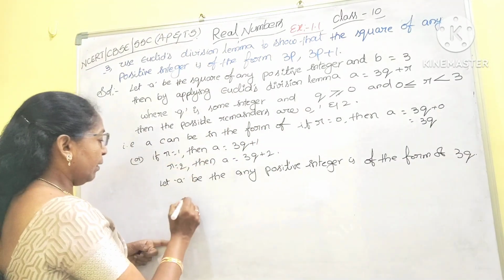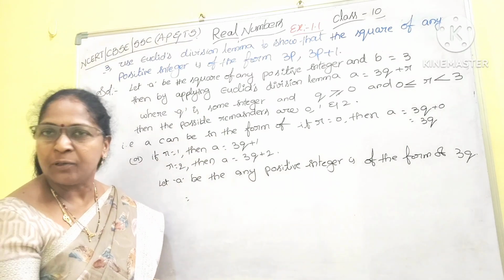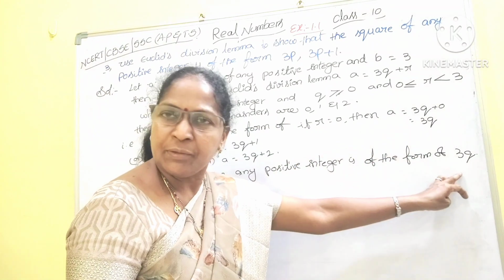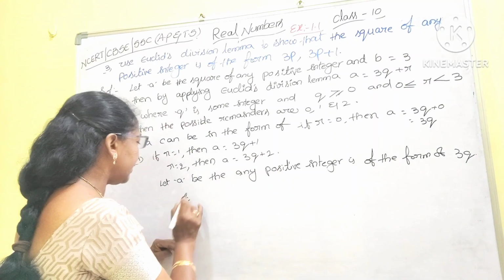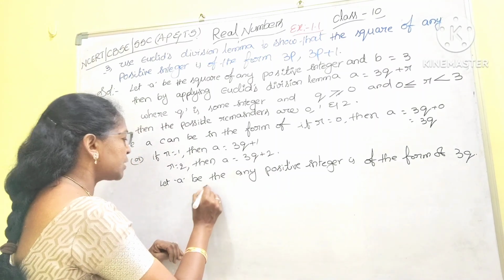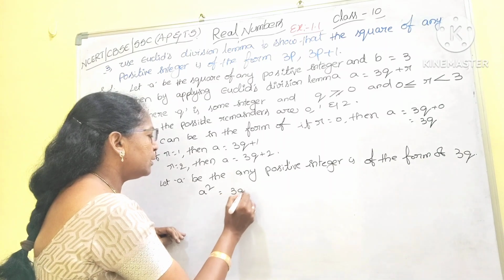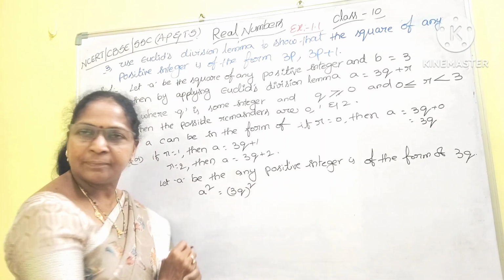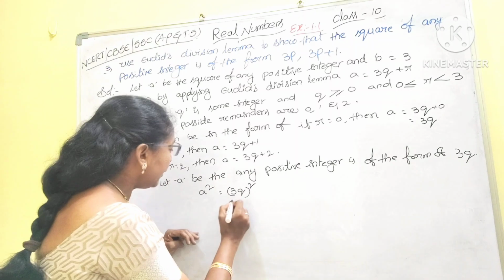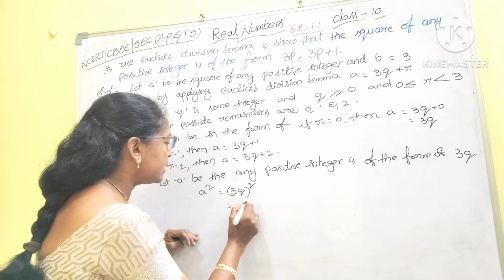But here the square of the integer, if A equals 3Q, then A square equals 3Q whole square. Now 3Q whole square equals how much? 3 times 3 is 9.